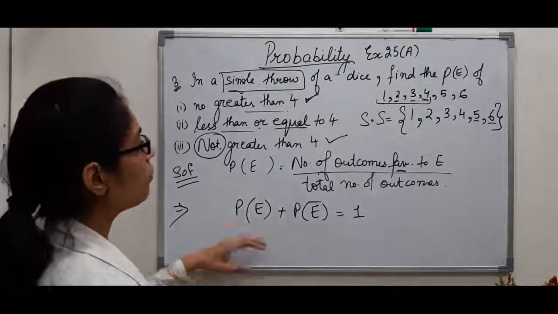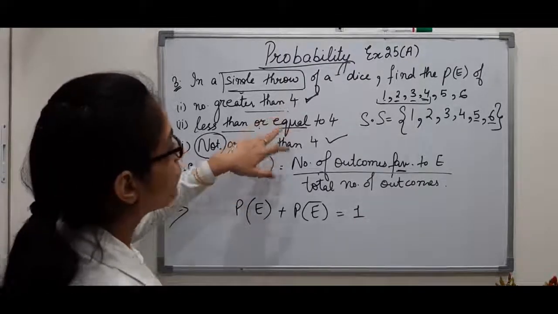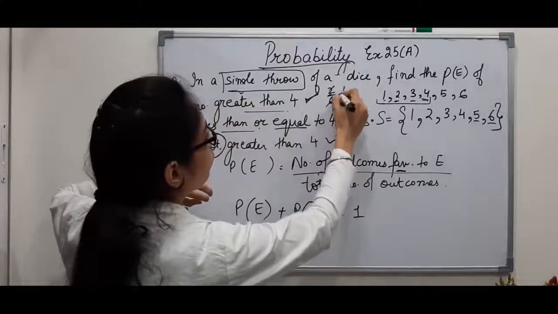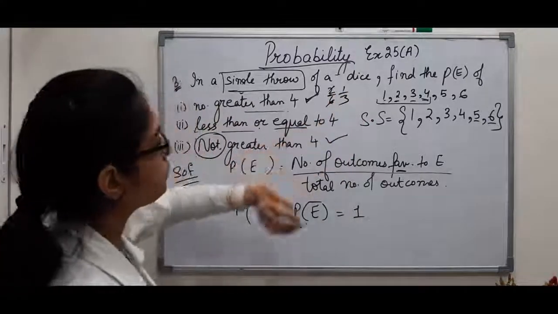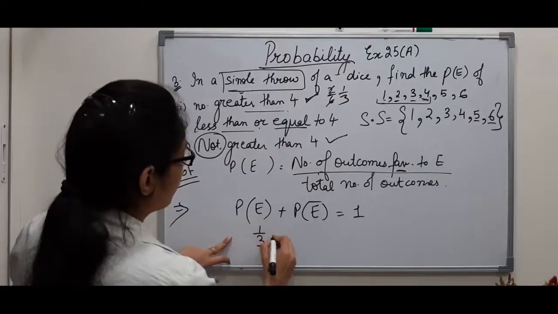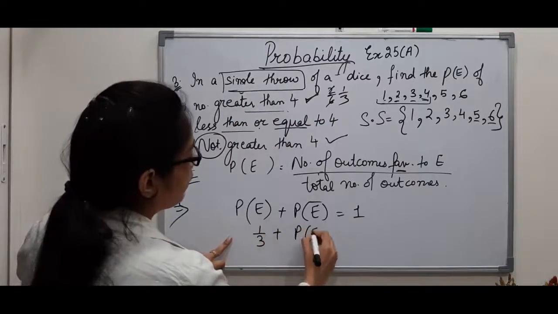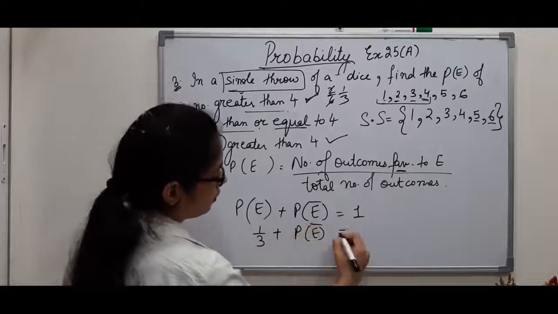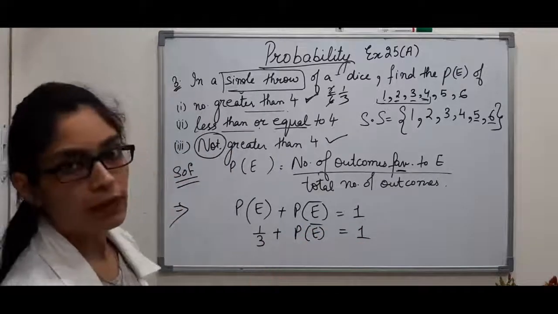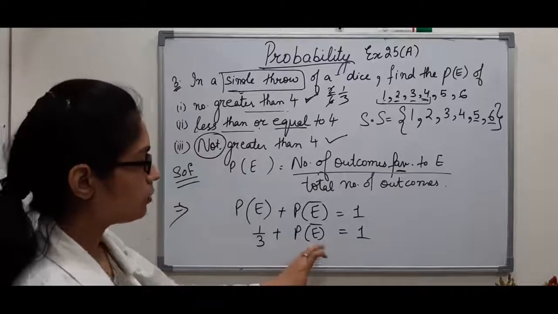So P(E) I have already calculated, it was 2 by 6, it was 1 by 3, for greater than 4. So 1 by 3 I will write, plus P(not E). P(not E) I have to calculate. P(E bar) denotes not E, as this is even, this is not even.